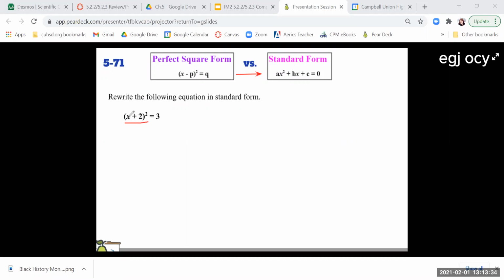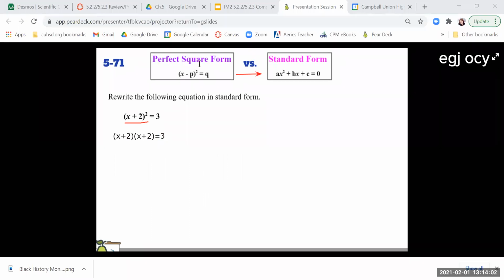So technically, x plus 2 squared is the same as x plus 2 times x plus 2, equals 3. So we need to multiply out x plus 2 times x plus 2.